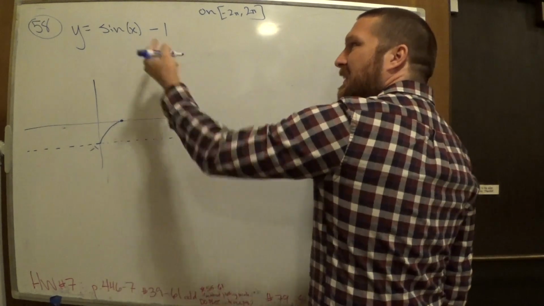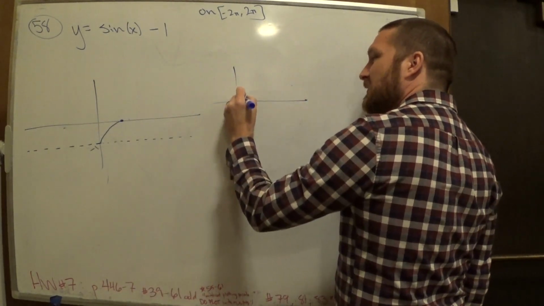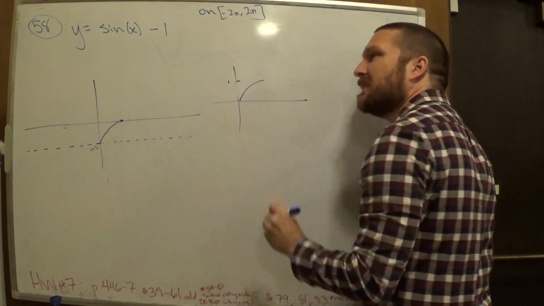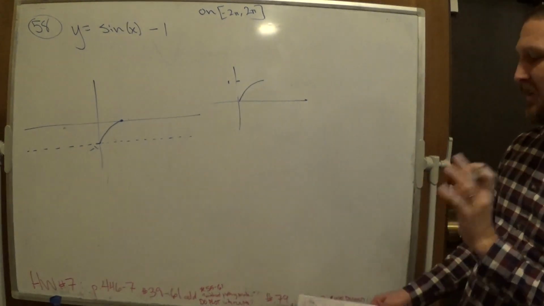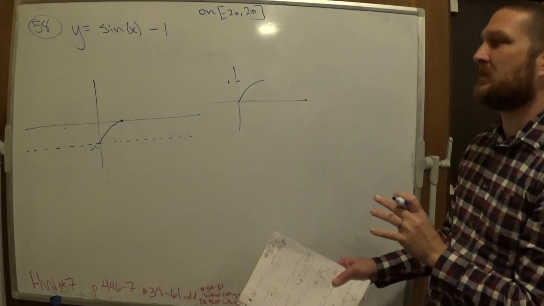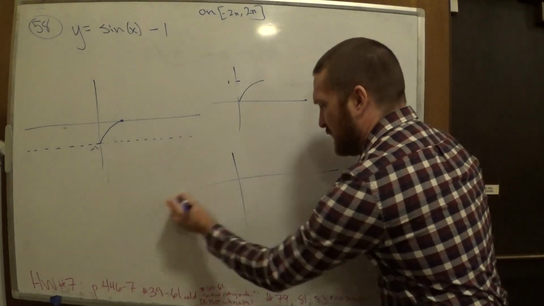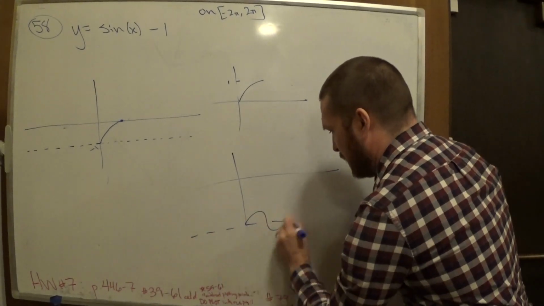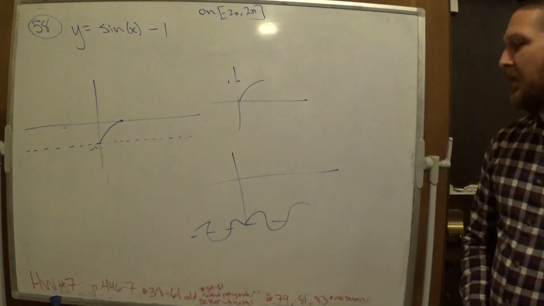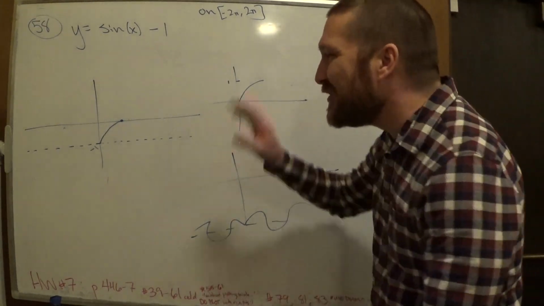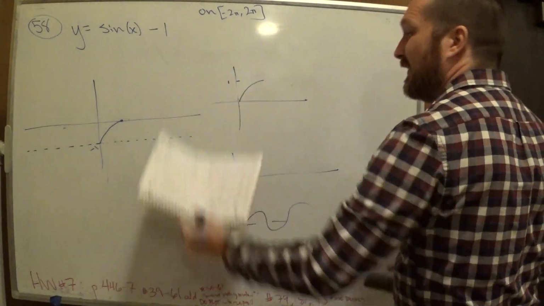Normally sine goes from 0 up to 1, so part of this exercise is you're going to have to use your brain and say, wait a second, hold up. You can't just do this and be like, oh, it's negative 1, okay, done. No. Use your brain, because this one definitely does intersect.